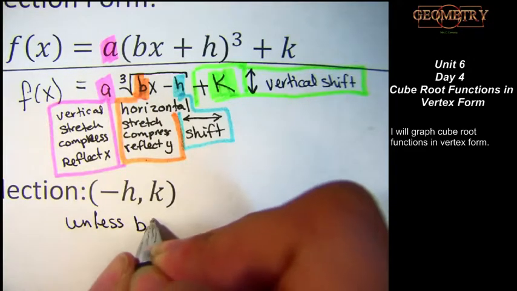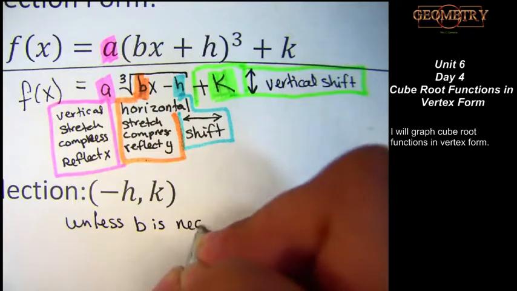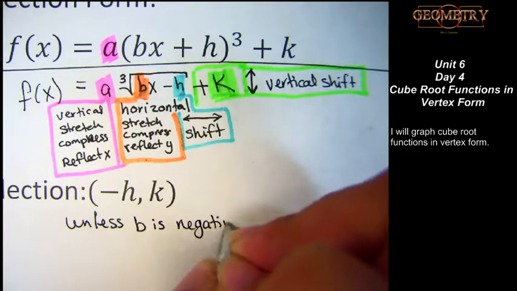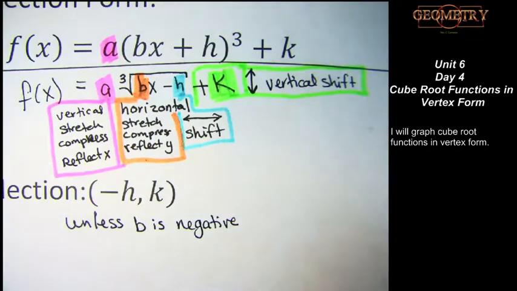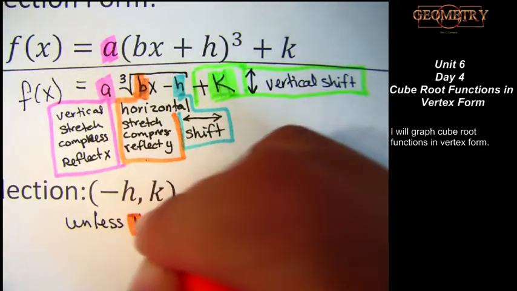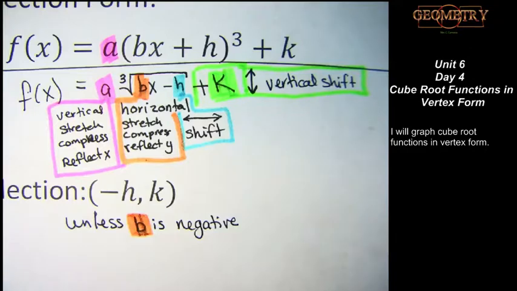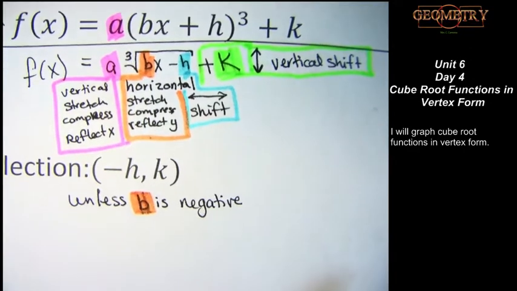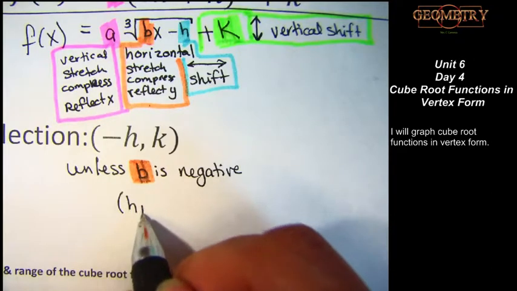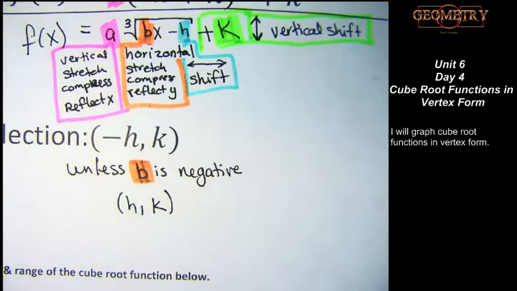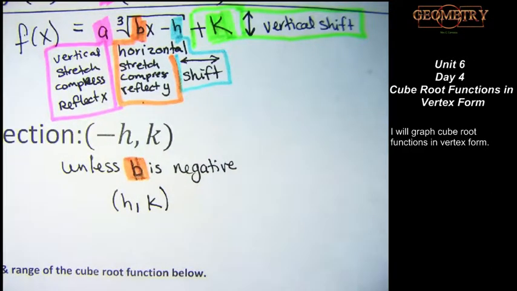Unless there's a negative on the inside of the radical, this B. Unless the B is negative. So if the B information is negative, then you're not going to change the sign on the H value. It's going to stay whatever you physically see in the equation.